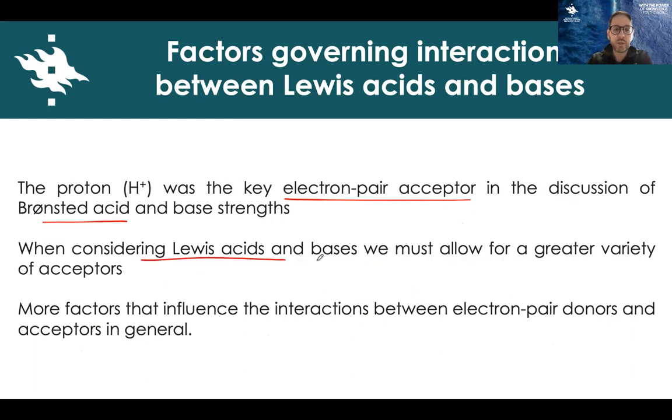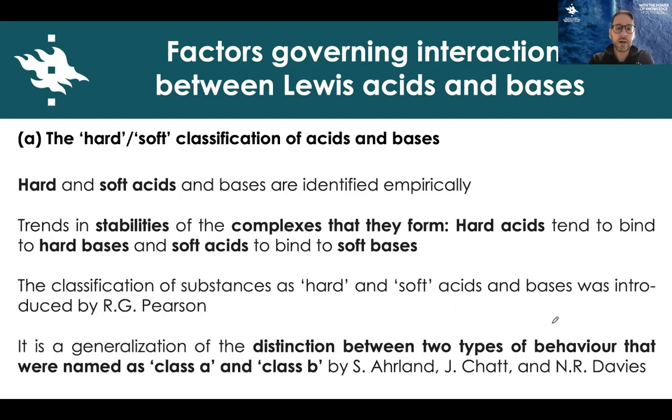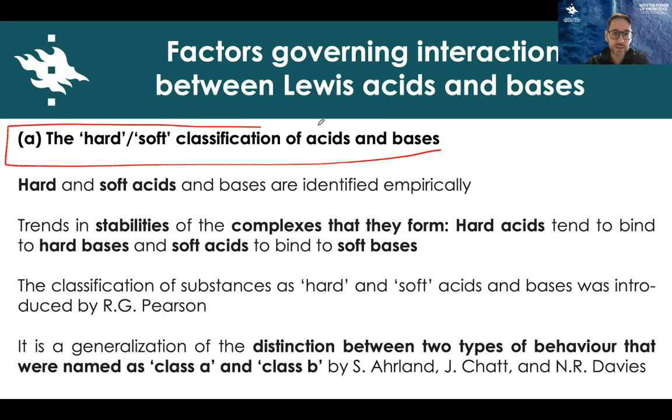When we are considering Lewis acids and bases, we must allow for a greater variety of acceptors, because we are talking only about the electron pair, and more factors influence these interactions between electron pair donors and electron pair acceptors in general. So in this case, for Lewis acids and bases, these hard and soft classifications of acids and bases become very important and very useful to identify the strengths.